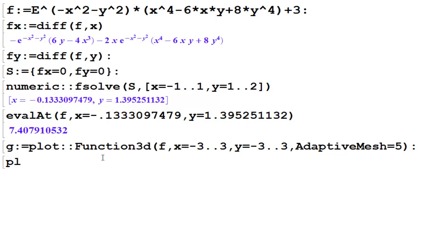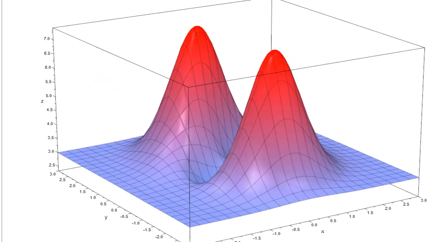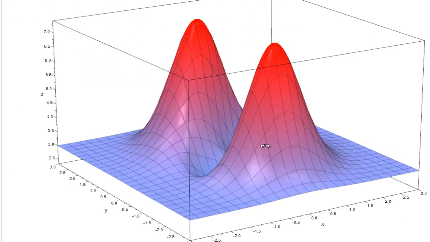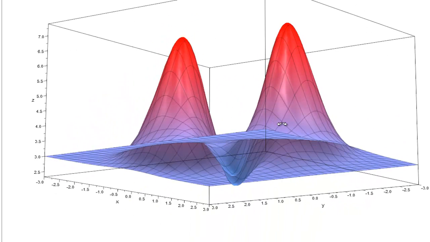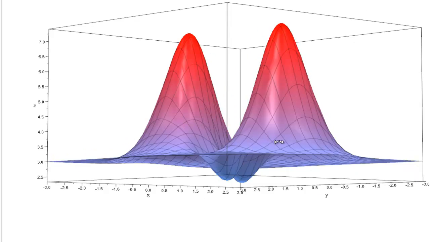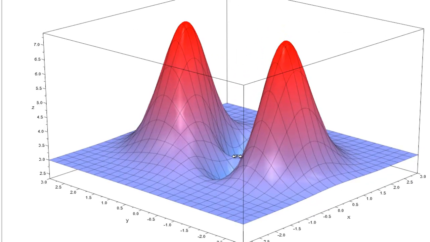So if we ask it to make a plot of g for us, it will make a plot for us. All right, so here the plot is coming up. Now we had seen this plot already, that we have 2 max here and 2 min, and then we have a saddle point here.